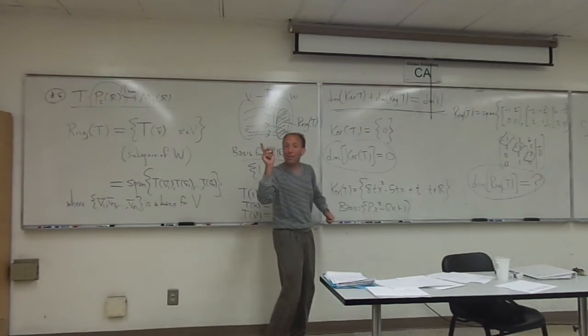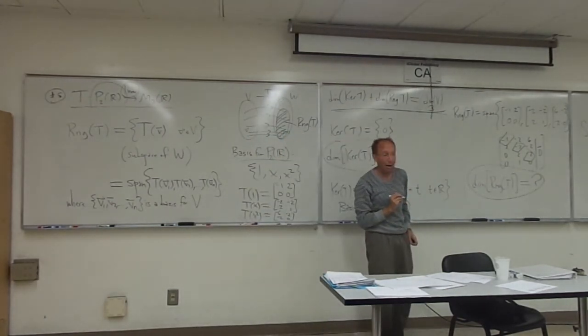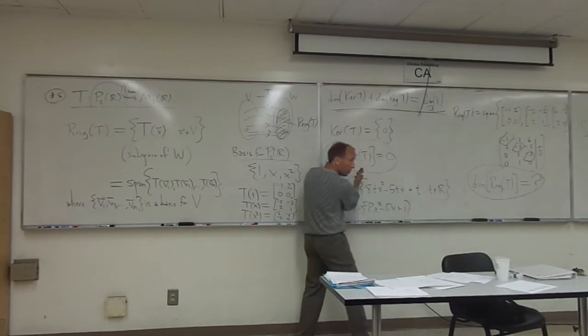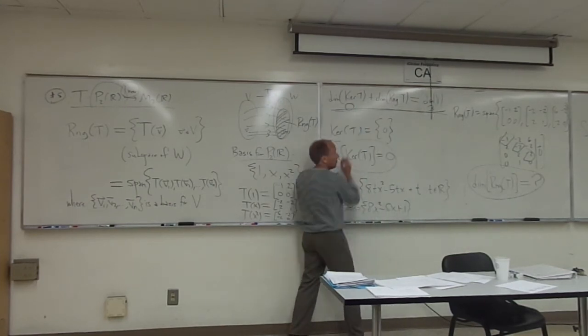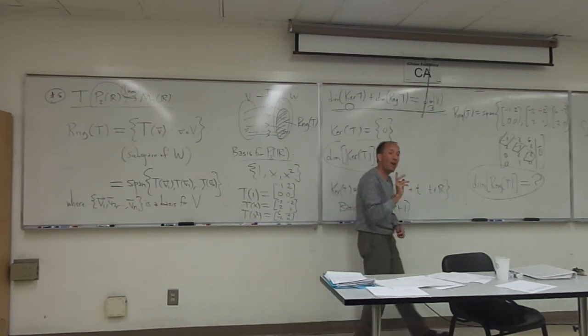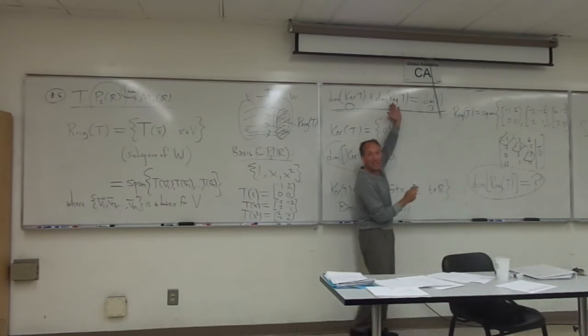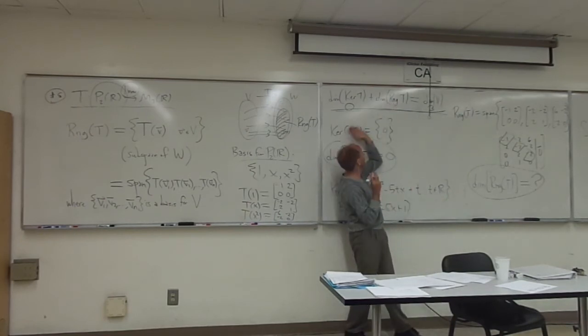So here's the deal. This is a 3. We know that ahead of time, right? We did a whole lot of work earlier to find that the kernel was trivial. So we actually know, oh, this is amazing, we actually know that the range is 3-dimensional just from this math right here.